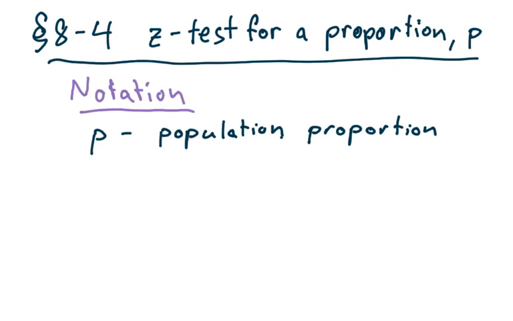And so what do we want to do? We want to try to predict what that population proportion is. In a hypothesis test, that is exactly what we're going to be doing. We're going to be making a prediction about our population proportion, P.